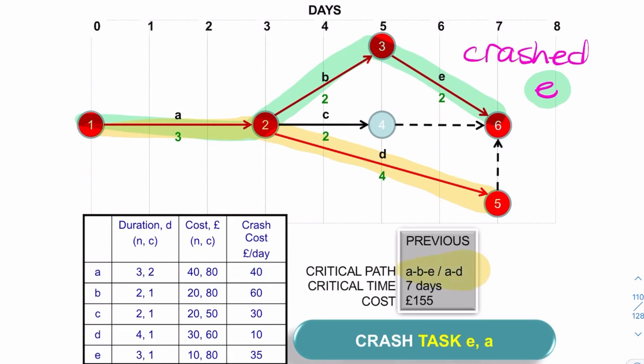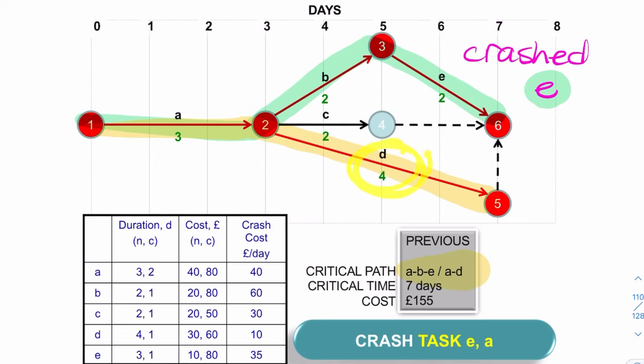So if we're going to consider crashing further, we need something that's common between both of these paths. What's in common? A. So it makes sense to look at A. Even though it's cheaper to crash E, crashing E isn't going to help because activity or event 5 still takes 7 days.